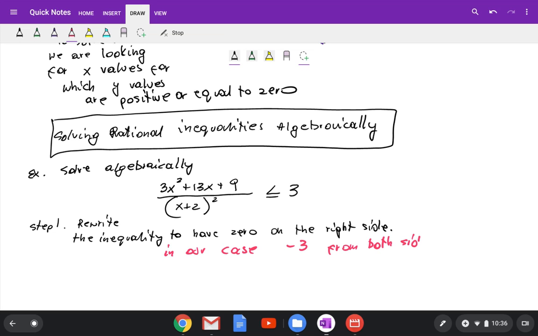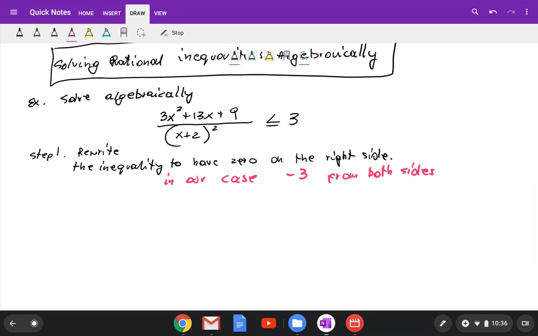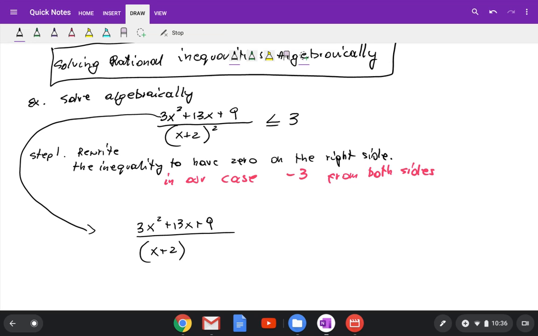Okay, so our inequality will be (3x squared plus 13x plus 9) over (x plus 2) to a second power, minus 3, less than or equal to 0.